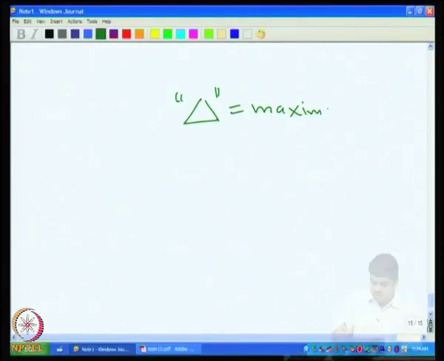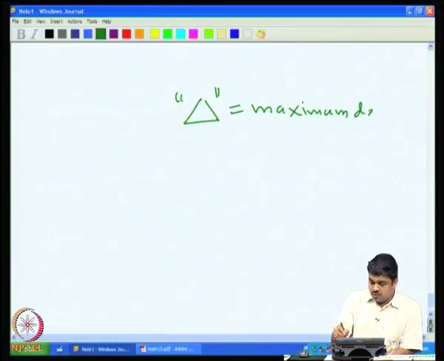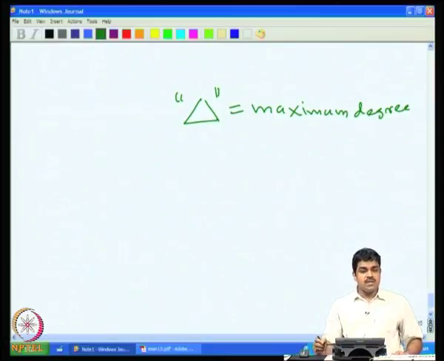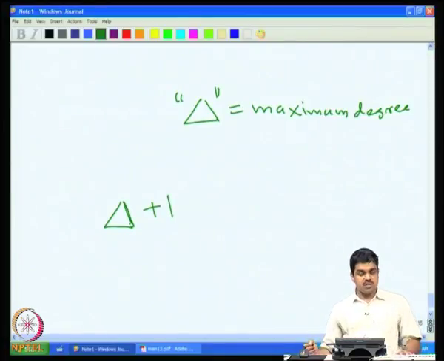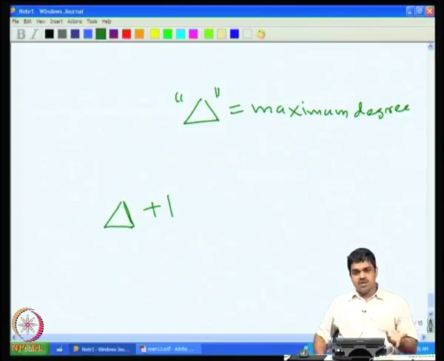So in whatever way, we can see at most delta colors on its neighbors. It may use a new color, so delta plus 1 colors at most. Otherwise, if delta plus 1 colors are already in the graph, given to some vertices, we can reuse that color, and there will not be any conflict.